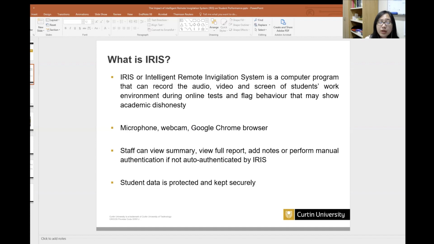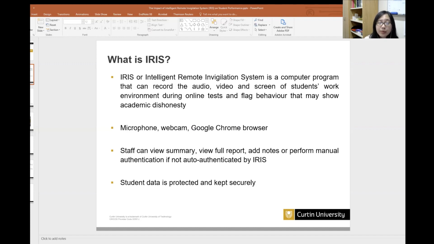So this note could include comments related to observations made by the tutor or unit coordinator in relation to suspicion of breach of academic integrity or other anomalous behavior or patterns noted. So these notes could be crucial in terms of taking disciplinary actions against those students later.